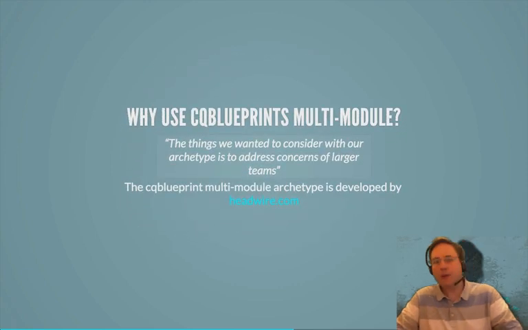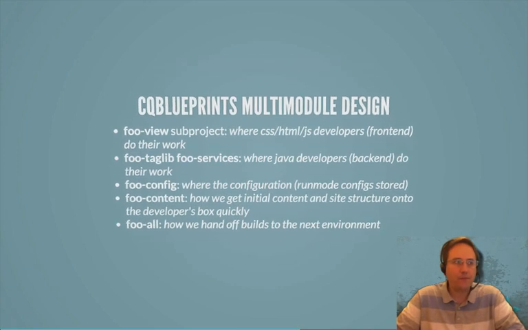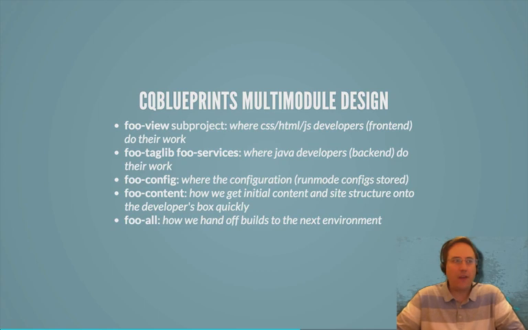So why would you use the CQ Blueprints multi-module rather than perhaps the simple and elegant Adobe archetypes? The guys at Headwire who created this archetype say that they wanted to consider with this archetype the concerns that they have to address typically in working in some large teams, based on their experience of developing CQ projects. And the way they've done this is to split up various areas of concern.